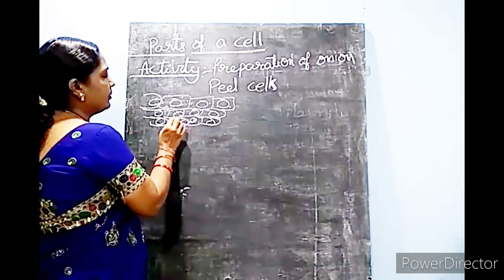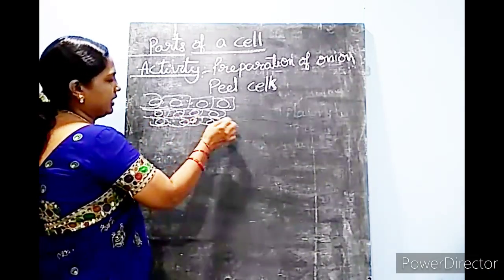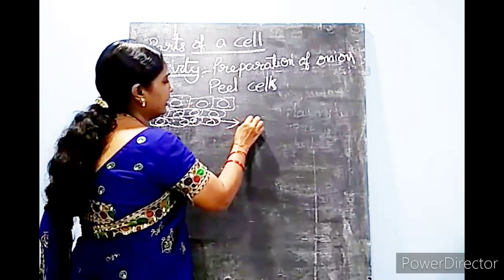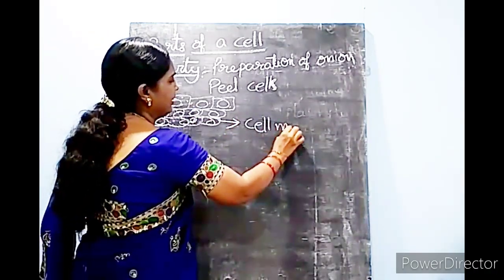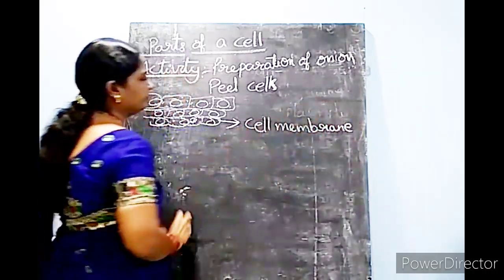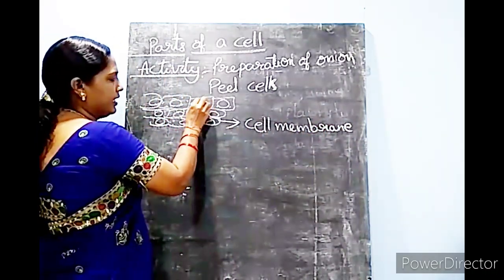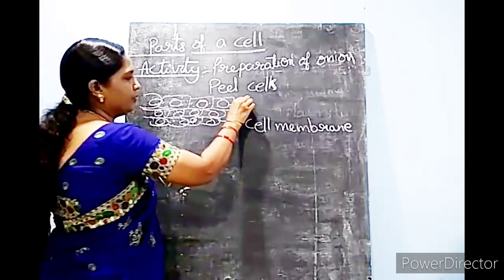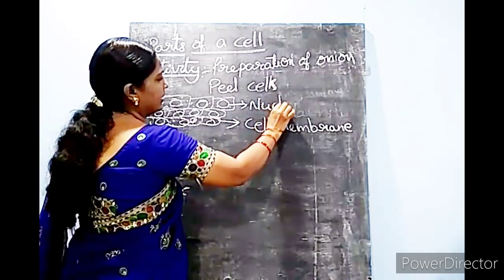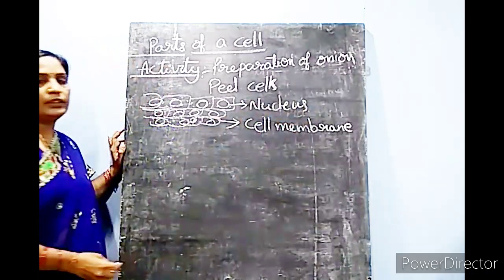The parts present in this onion peel cell are these. The thin covering, the thin membrane, is known as the cell membrane. Centrally, a large part located at the center of the cell is known as the nucleus.